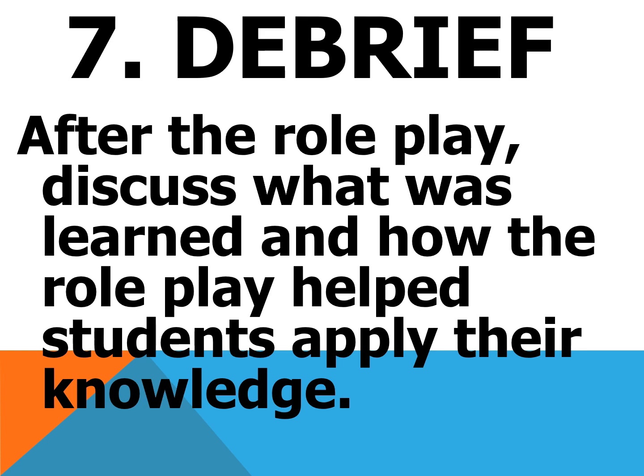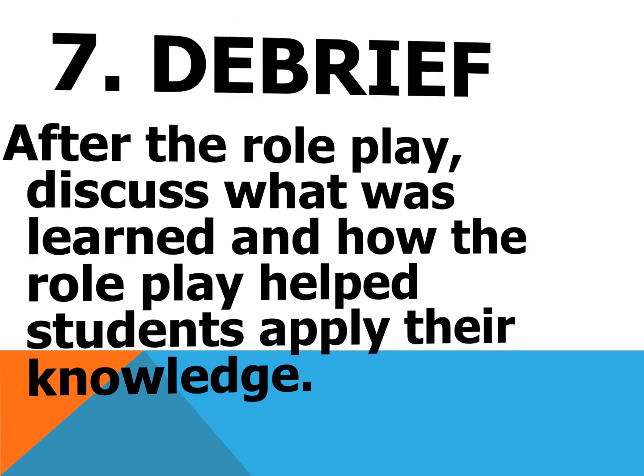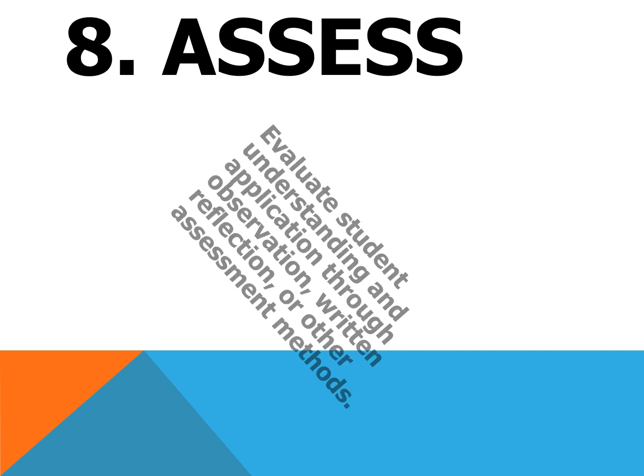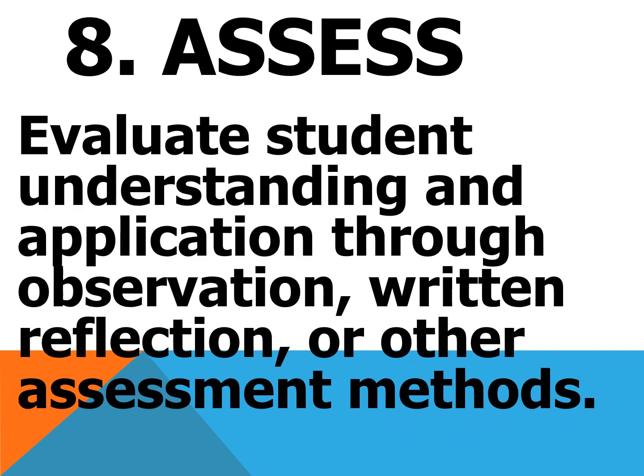And then finally, step number 8, after we do our debriefing, is to assess. Assessing has to do with evaluating the student understanding and application through observation, written reflection, or other assessment methods.